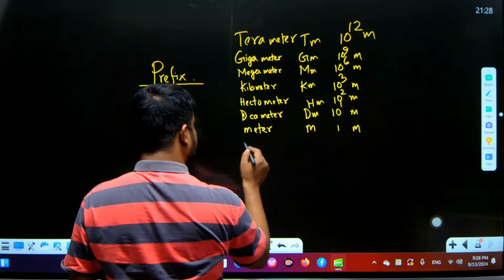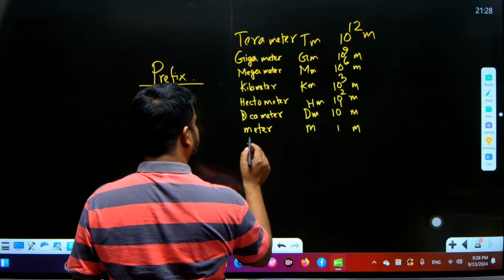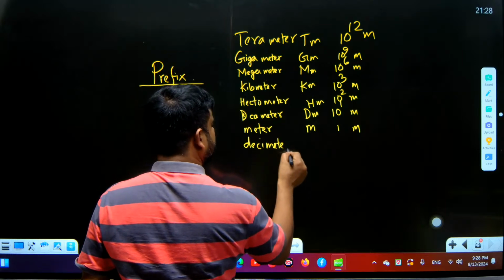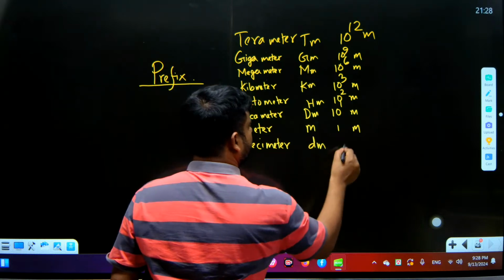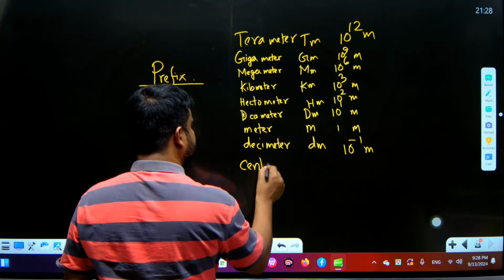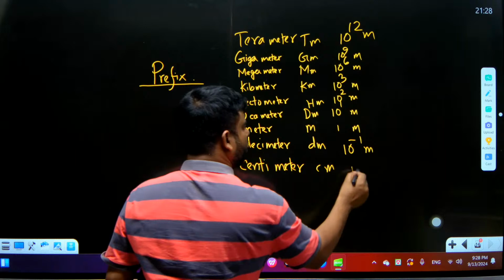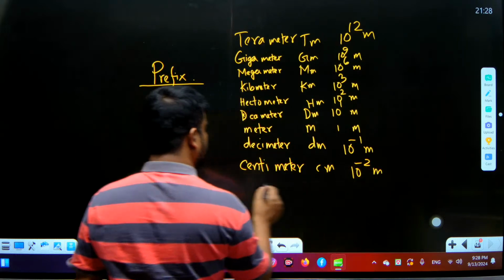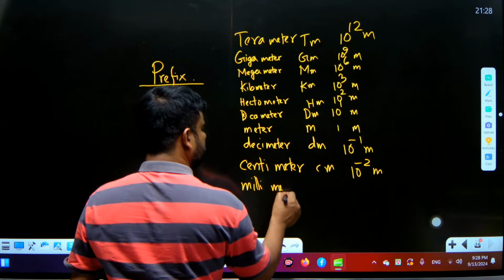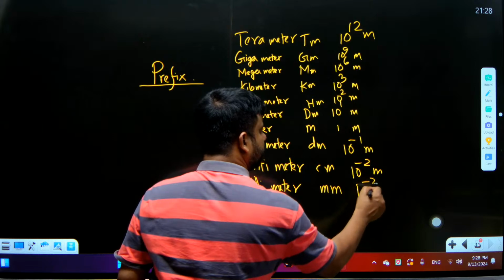In the same way, decimeter, dm, 10 to the power minus 1 meter. Centimeter, cm, 10 to the power minus 2 meter. Now millimeter, we use small m, so 10 to the power minus 3 meter.